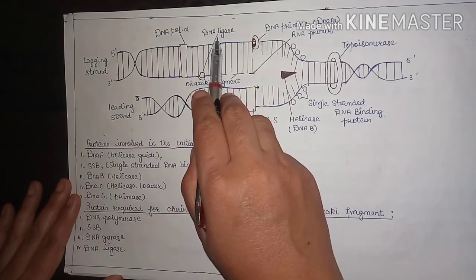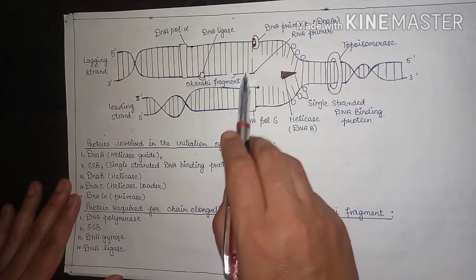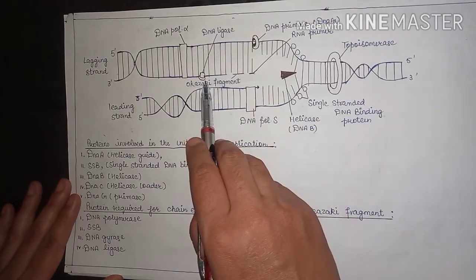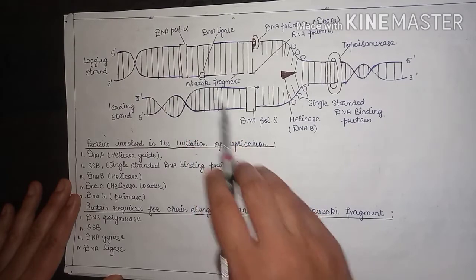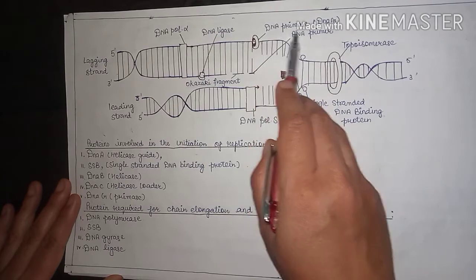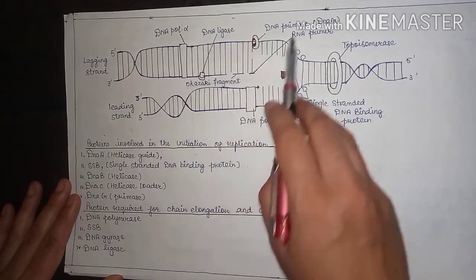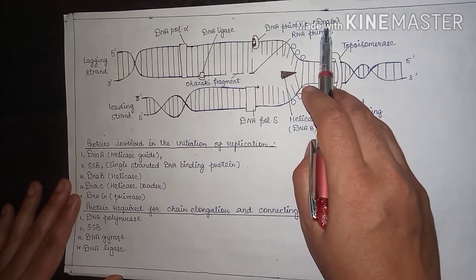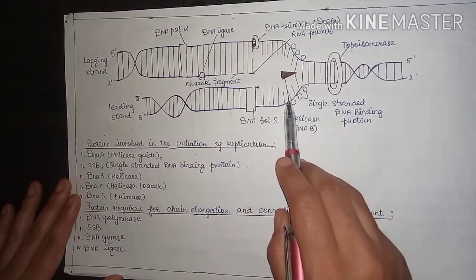So here is the DNA ligase enzyme. After the completion of DNA replication, DNA ligase acts on it and joins these fragments, right? And this is the DNA primase enzyme, which helps in the elongation. It is also known as DNA G. Then the single strand binding protein acts on it.